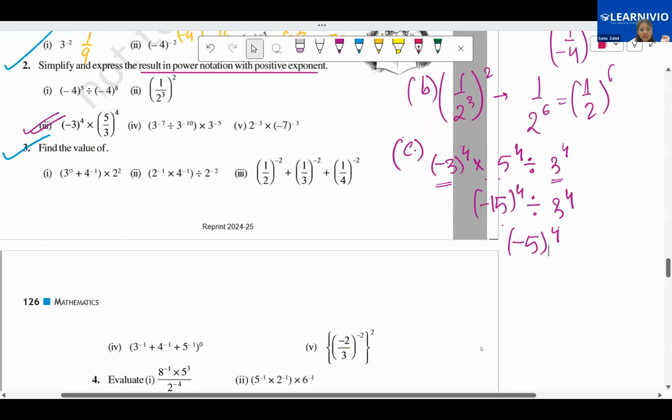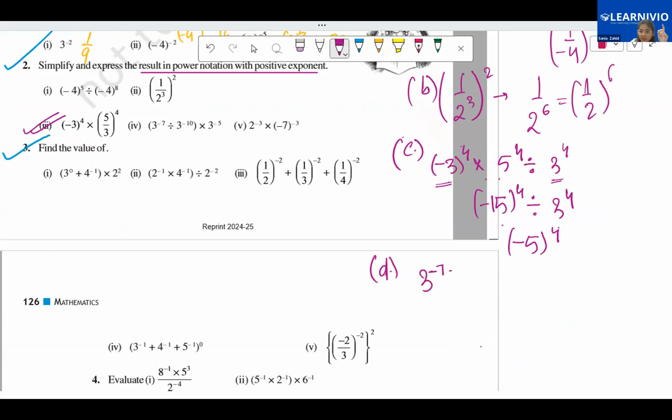Then the fourth one. The fourth one says 3 to the power minus 7 divided by 3 to the power minus 10. Same base, different powers being divided, so you subtract the powers. So 3 to the power minus 7 minus minus 10 gives 3 to the power 3, into 3 to the power minus 5.